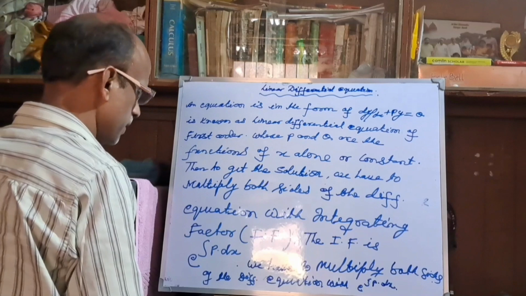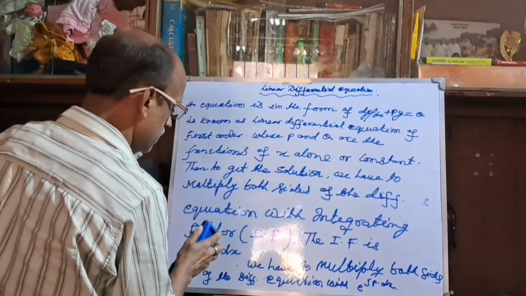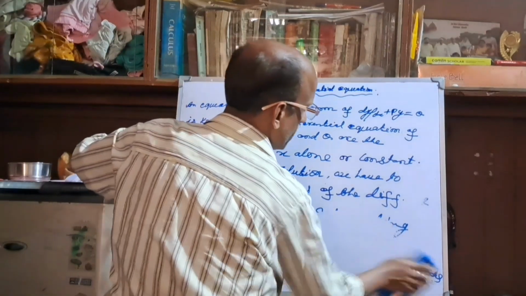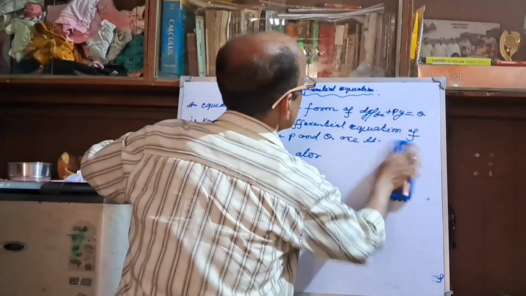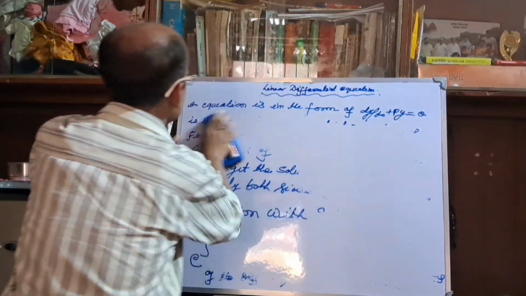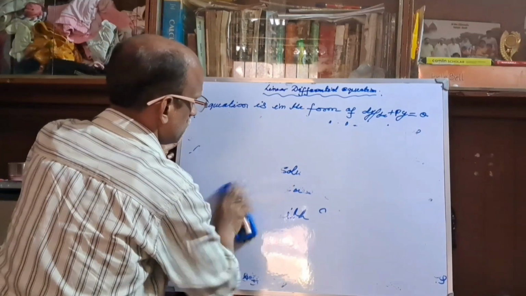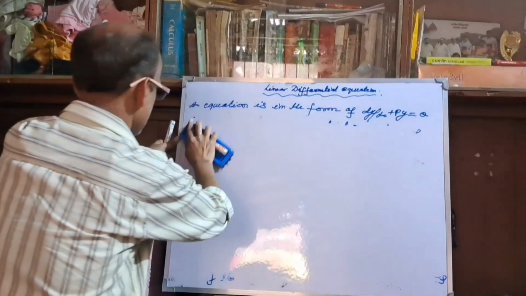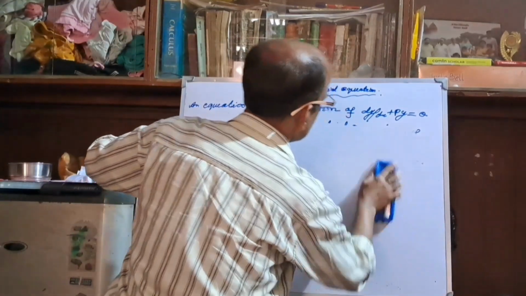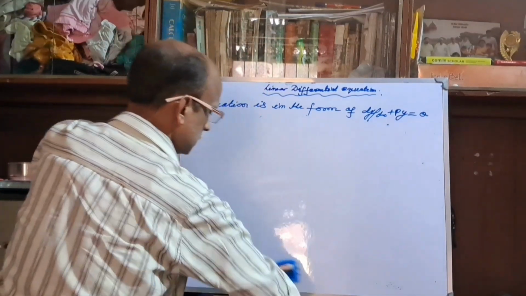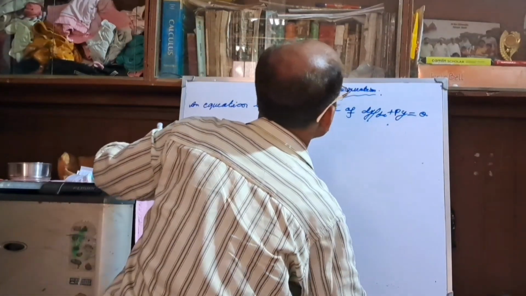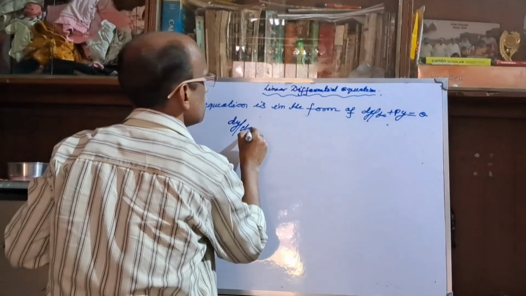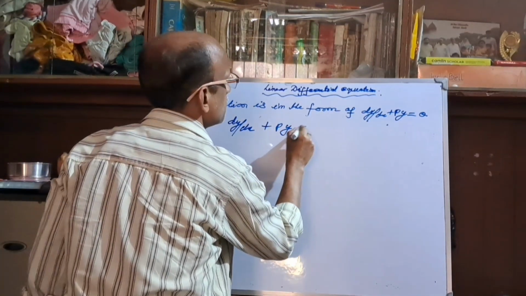Okay, you just see here. Now I am rubbing this part. dy by dx plus py is equal to q.